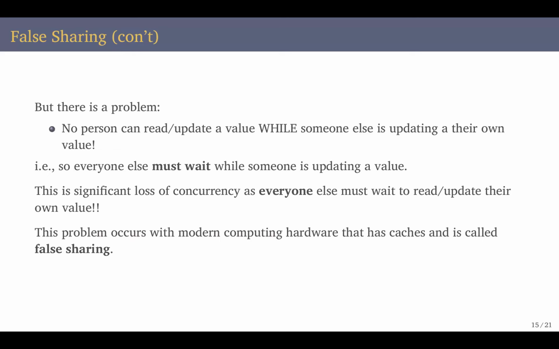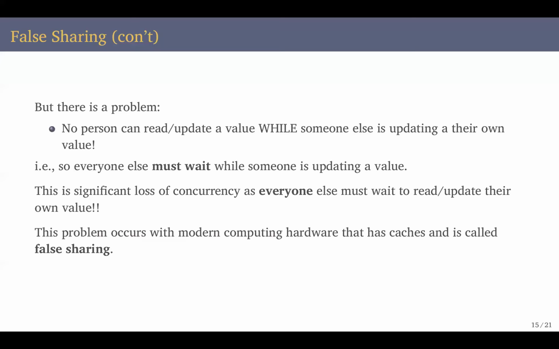They're not reading them. They're not doing anything. But because they're on the same sheet of paper, anybody updating their value affects everyone else. Okay? That's called false sharing because you're sharing that piece of paper, but you don't know it. So in a sense, it's sharing, but it's false because you're not really sharing.